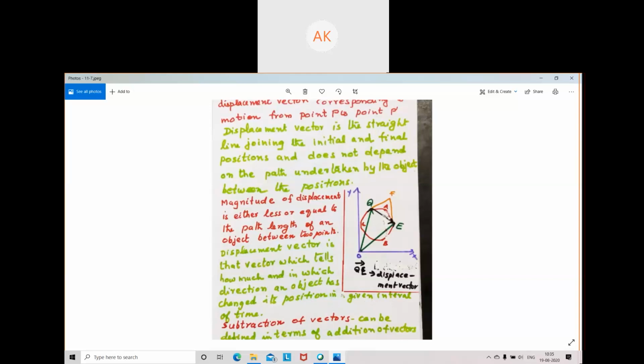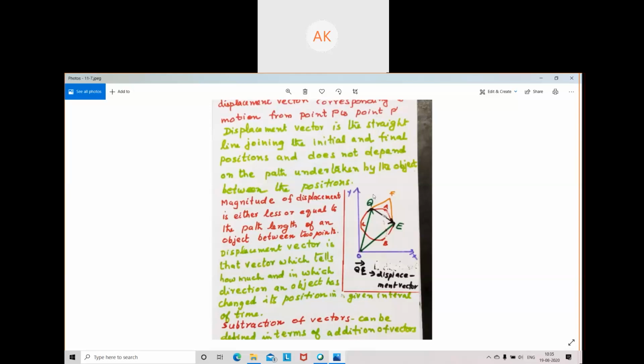When the body moves from t to t dash, t dash minus t is the interval of time. In that interval, how much distance the body traveled and in which direction, all these things the displacement vector tells us. The only important point is that the displacement vector tells us how much and in which direction an object has changed its position in a given interval of time.